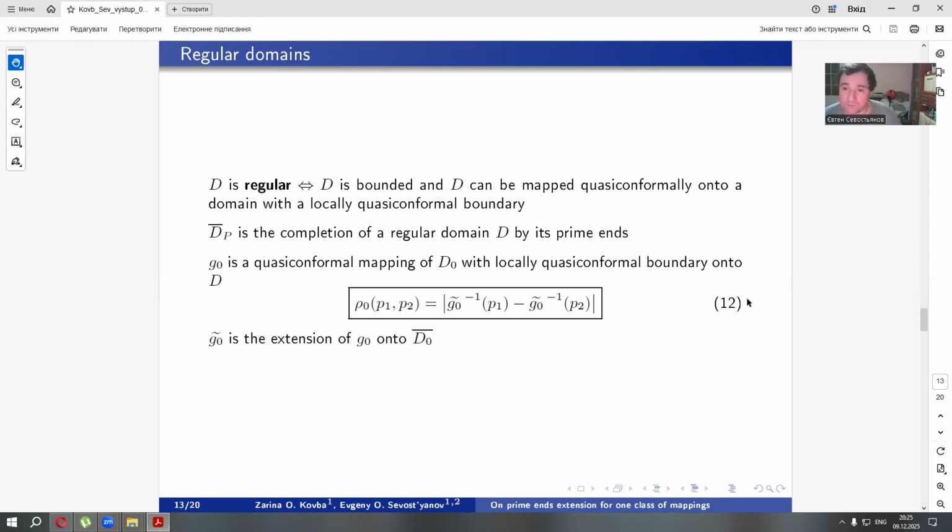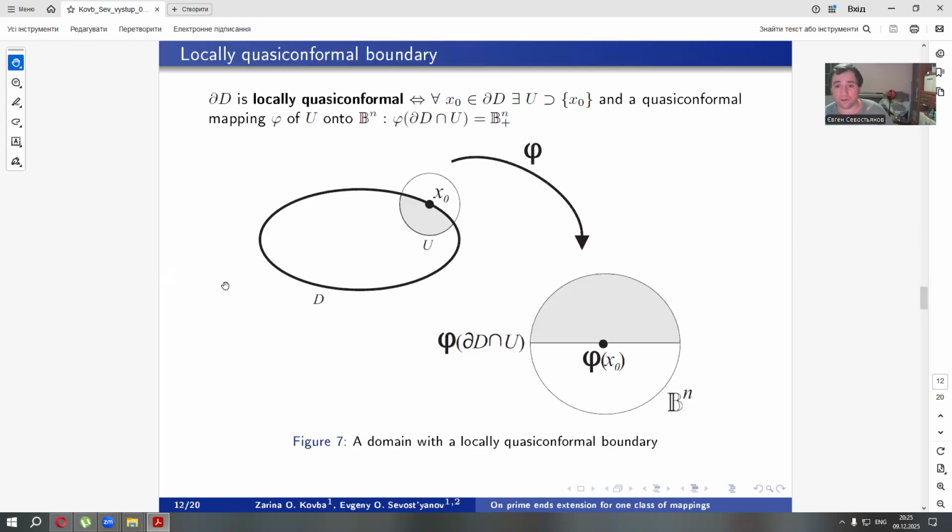The equation 11 assumes that we know this quasi-conformal mapping G0, which maps D0 onto a domain D.